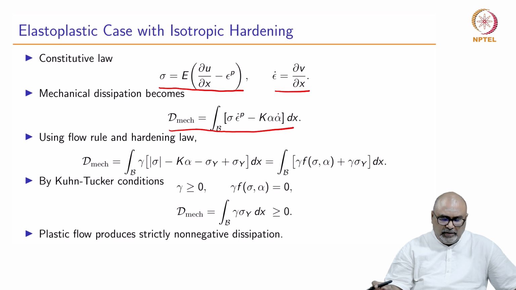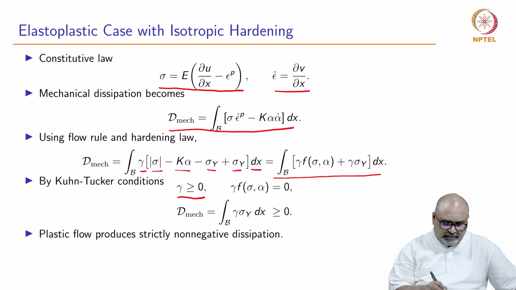Now, following the flow rule and hardening rule, epsilon dot p can be replaced by gamma times sign of sigma, where gamma is the slip rate, and so we can write sigma minus k alpha minus sigma y plus sigma y, dx. So, this can be written as gamma f of sigma, alpha, where f of sigma, alpha is the yield function, plus gamma times sigma y times dx, where gamma is the plastic multiplier or the slip rate, greater than or equal to 0 during a plastic process.